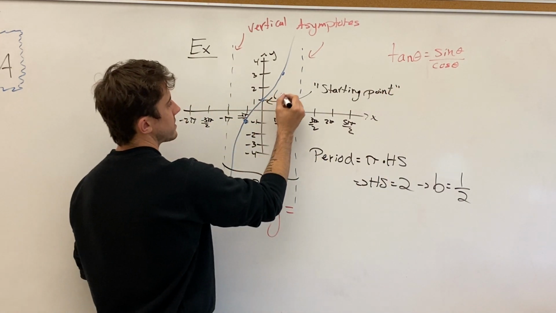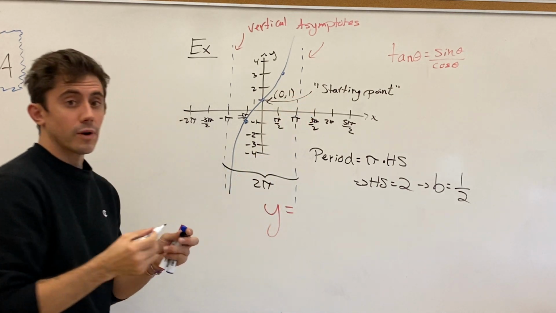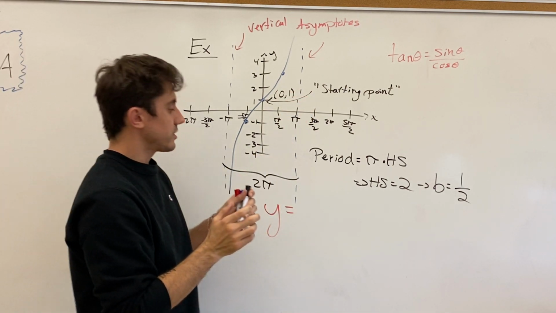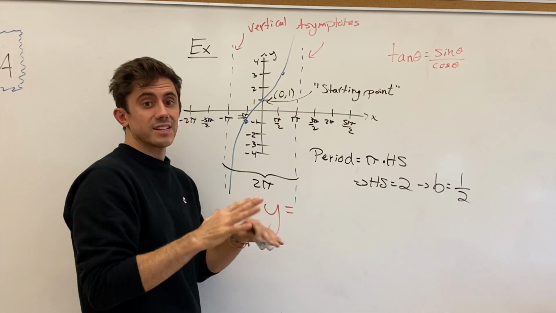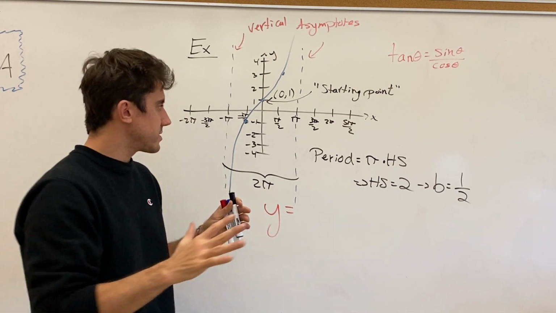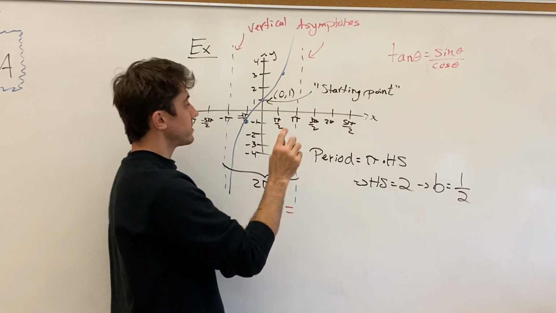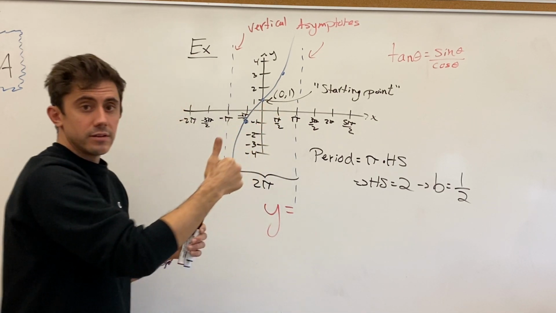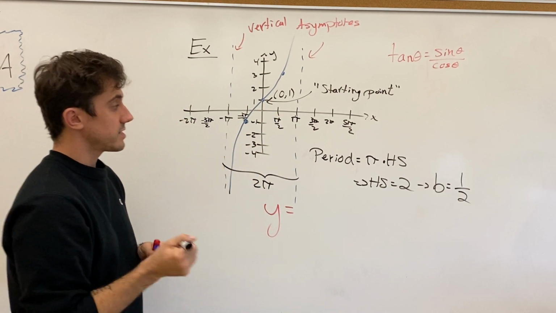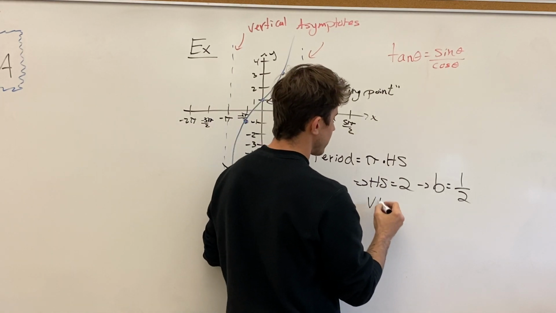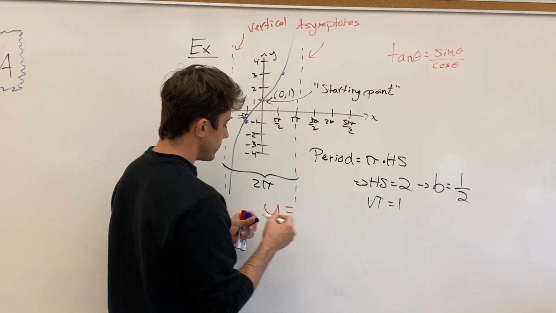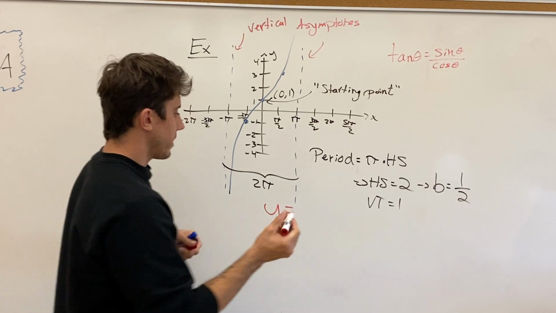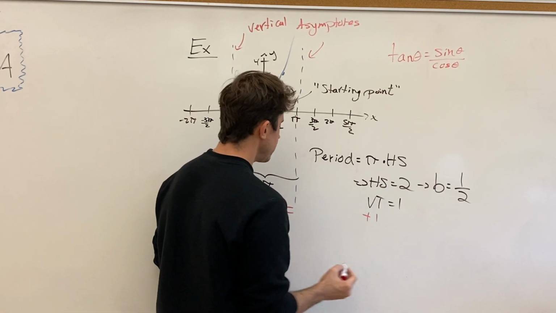This point is at (0, 1), whereas typically for a tan function that has not undergone any transformations, that starting point is smack dab at the origin. Now it's shifted up by 1 vertically, and so that tells us that we have a vertical translation of 1. And so we know that already we'll have +1 at the end.